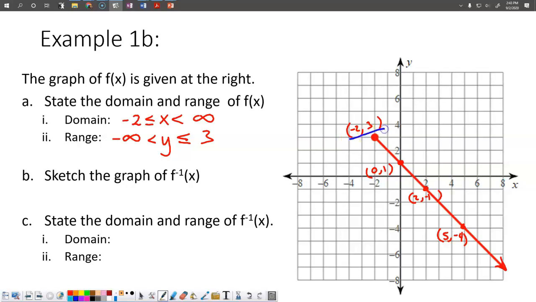Okay, so now I want to sketch the inverse by plotting the inverse points. So the inverse of -2, 3 will be 3, -2. The inverse of 0, 1 will be 1, 0. The inverse of 2, -1 will be -1, 2.